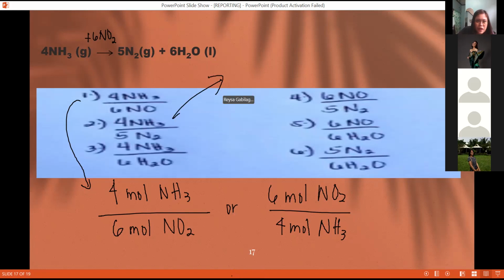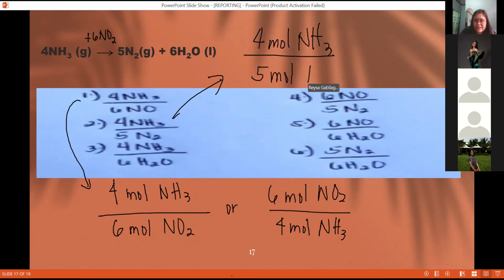Number 2, 4 moles of ammonia will yield, sa ating balanced chemical reaction, this will yield 5 moles. Sorry, I forgot the moles. So please complete ha. That is very important, the word moles. So 4 moles of ammonia will yield 5 moles of your nitrogen.